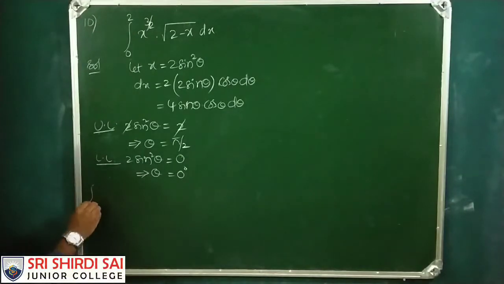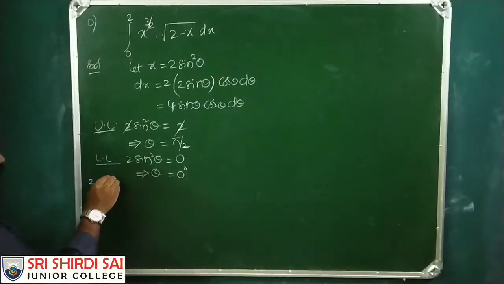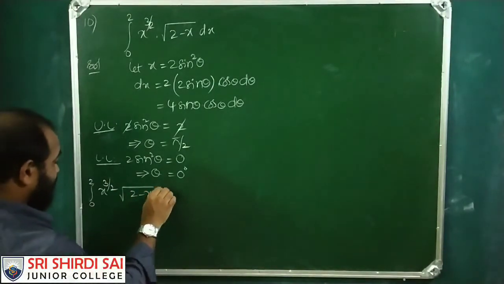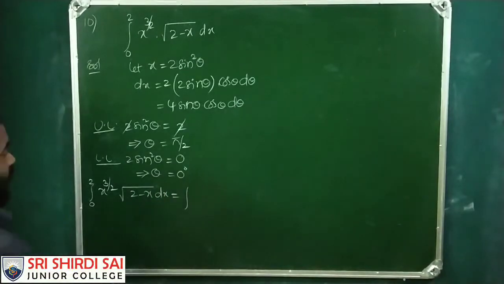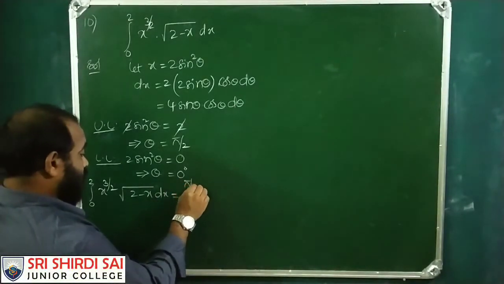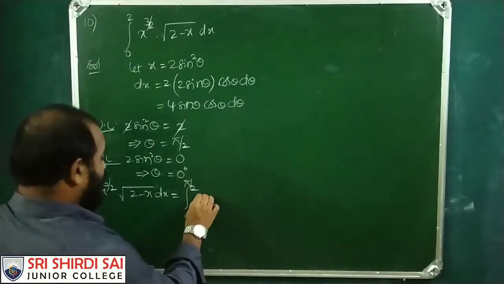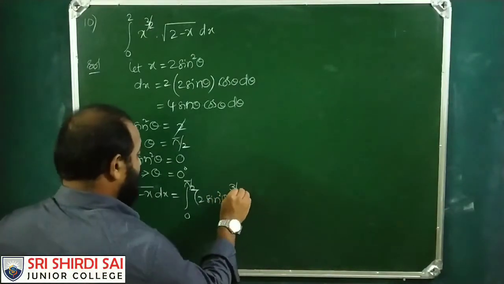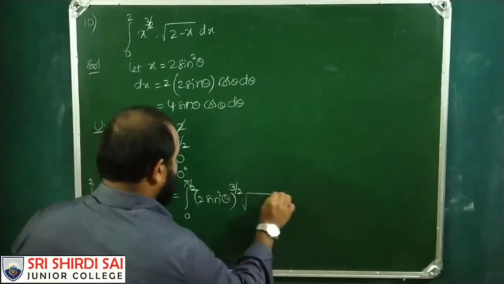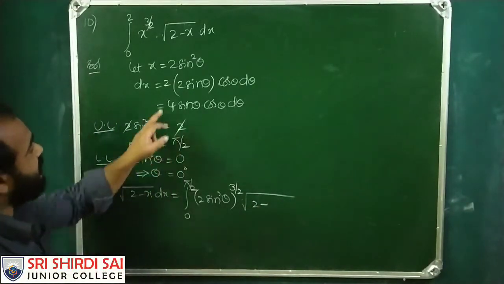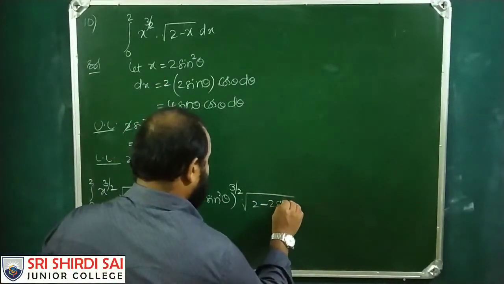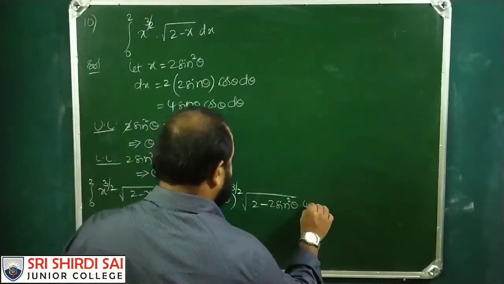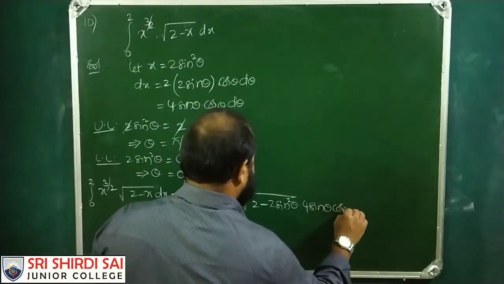Therefore the integral from 0 to 2 of x power 3 by 2 into square root of 2 minus x dx is equal to the integral from 0 to pi by 2 of (2 sin square theta) whole power 3 by 2, square root of 2 minus 2 sin square theta, into dx, which is 4 sin theta cos theta d theta.